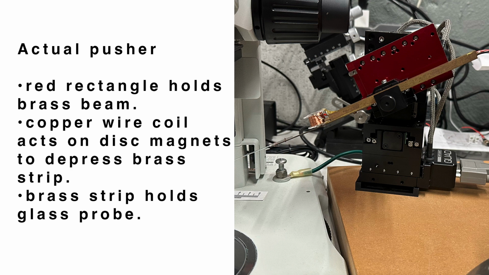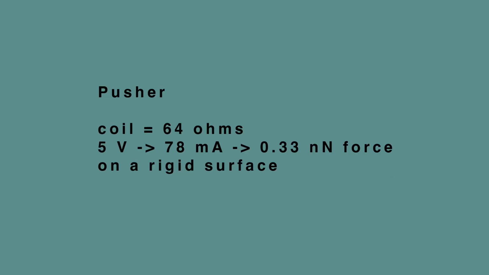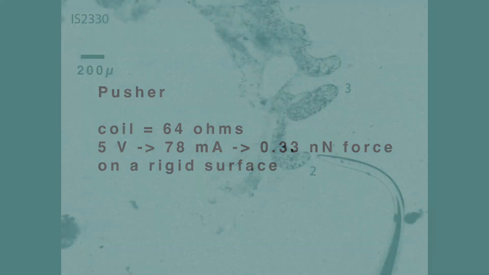This current and voltage is easily controlled by an inexpensive transistor. On a rigid surface, the probe exerts a force of 0.33 nanonewtons per volt, but against a flexible target, the force would be less.